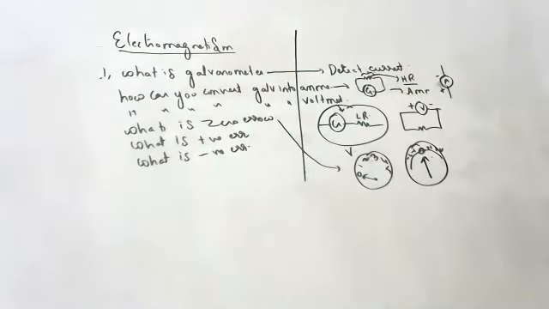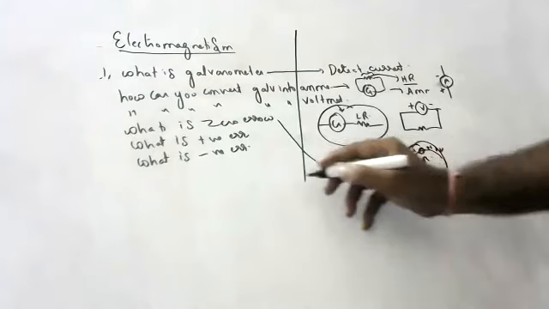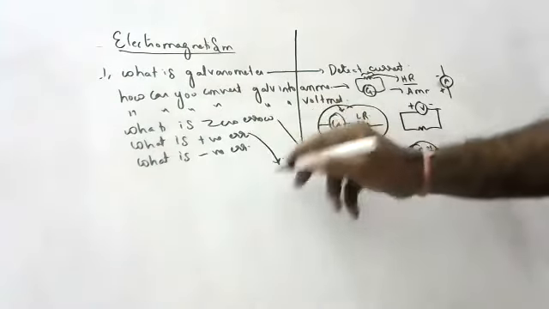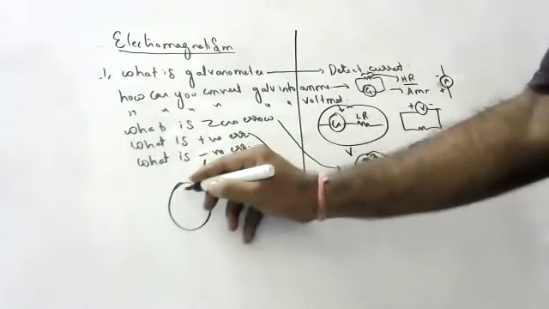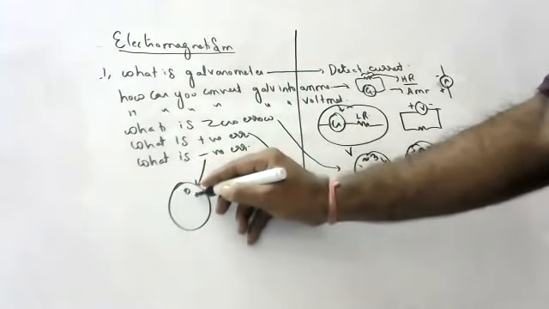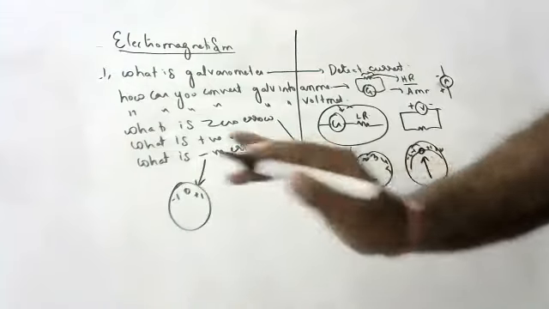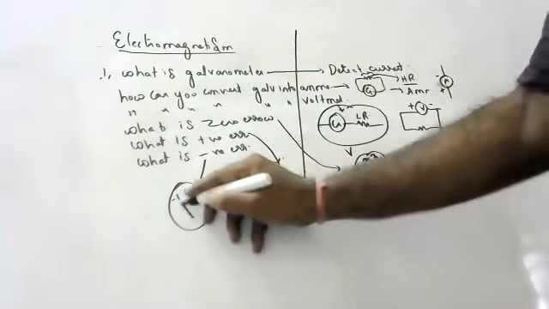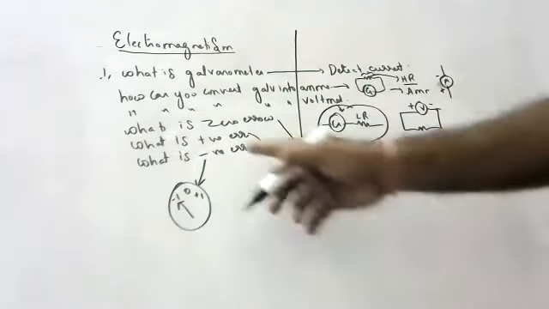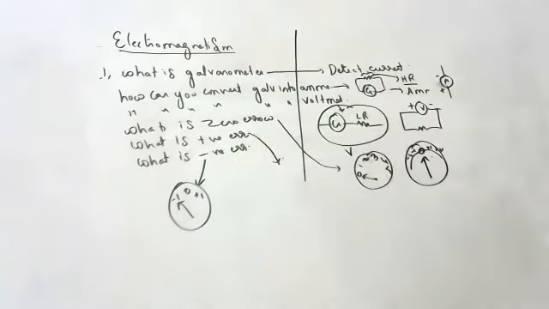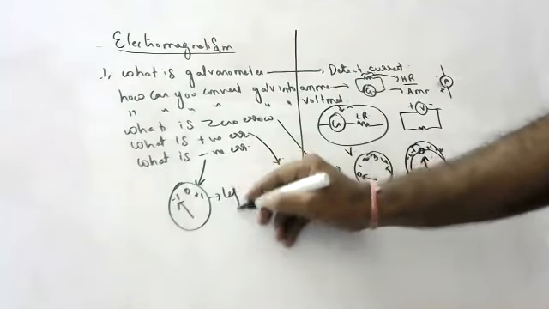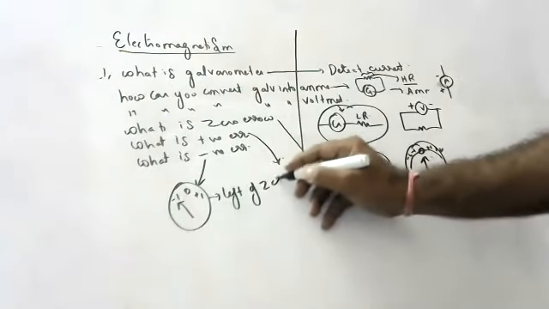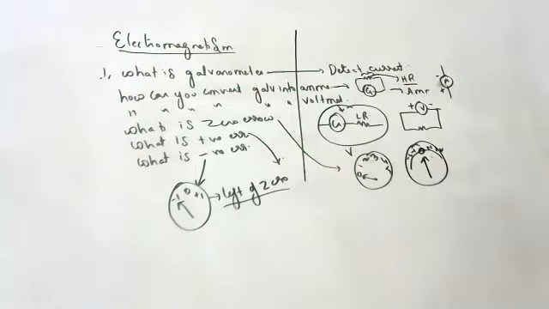Okay, children. Suppose it is to the left. See here, this is 0, this is plus 1, this is minus 1, I am just writing values. If it is like this, children, this is called negative error. If it is left of 0, it is called negative error.